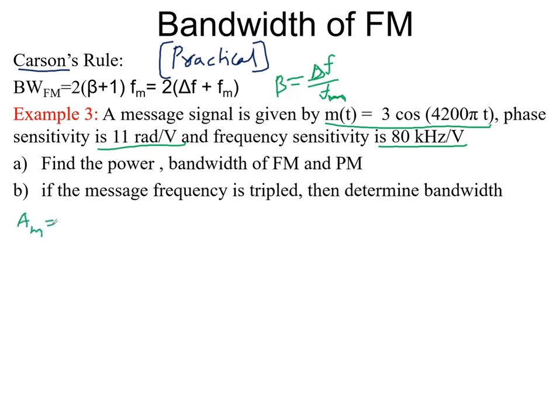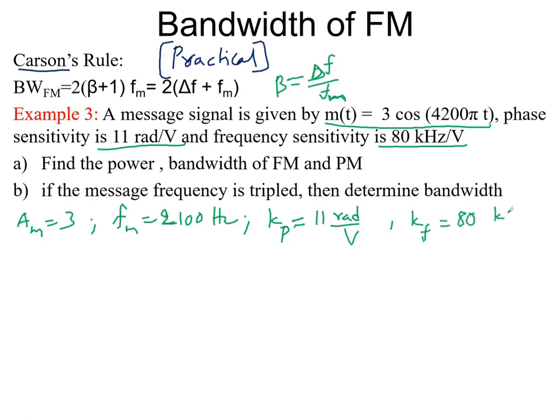The message amplitude is 3, message frequency is 2100 hertz. Why? Because it is 4200 pi t. Then the phase sensitivity, that is Kp, is 11 radian per volt, and the frequency sensitivity Kf is 80 kilohertz per volt. These are the things given to you.